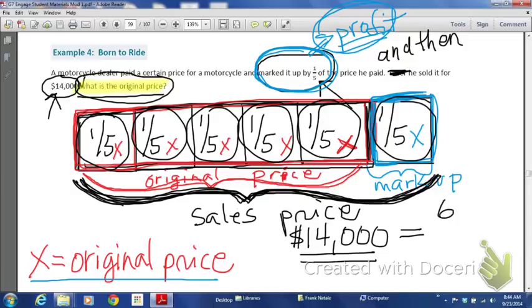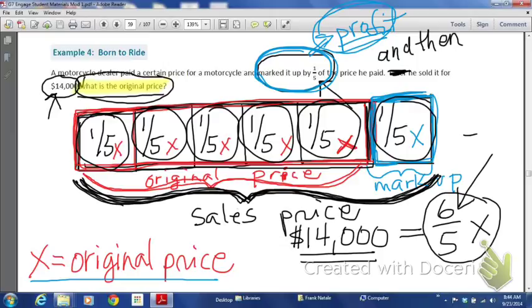So that is equal to 6/5 x because it has the original price and the markup in it. So it has to be more than 1 if we're talking about a markup. This number has to be more than 1 if we're talking about a markup. So 14,000 equals 6/5 x.